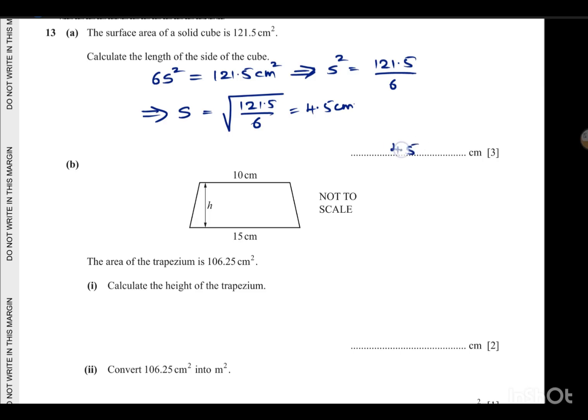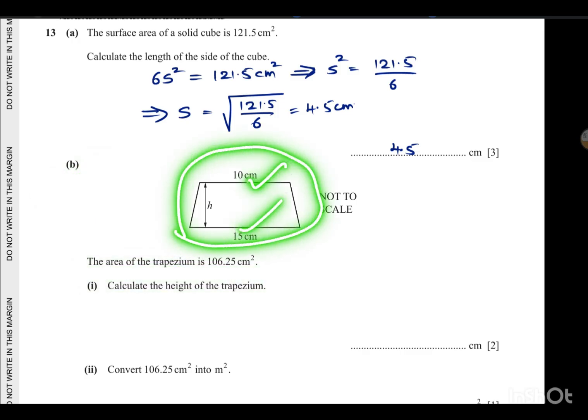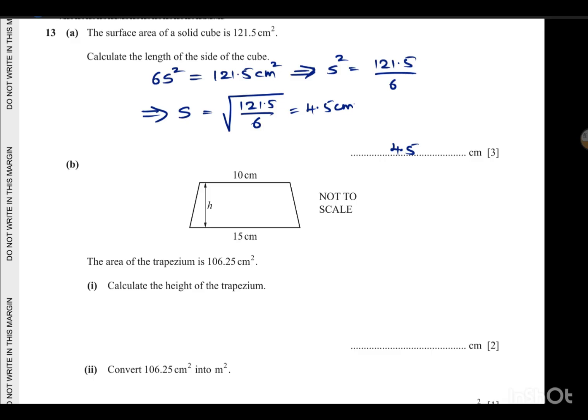Question number B. Area of the trapezium is 106.25 centimeter square. Calculate the height of the trapezium. So this is the trapezium already given. The two parallel sides are given. Using the formula of area, we will find out the height.